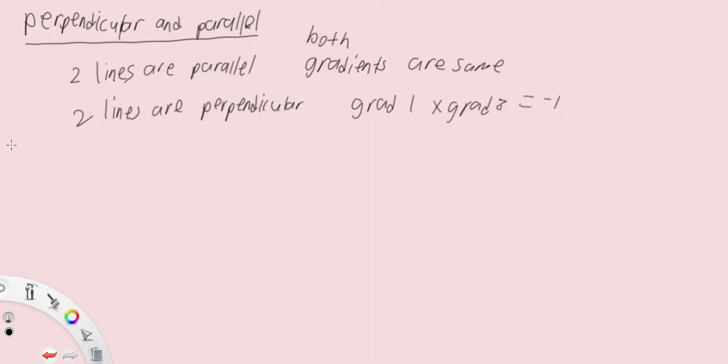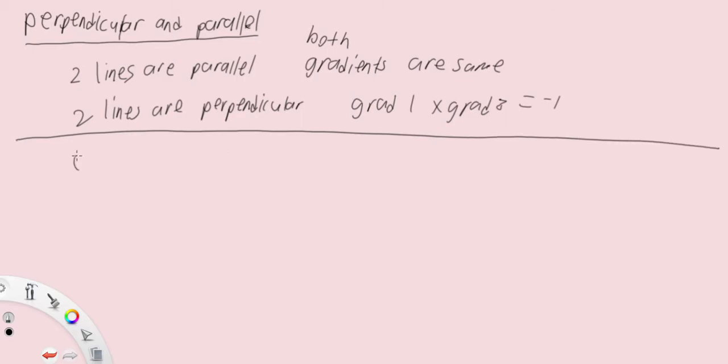And this is important because I can have questions where, let's say, you have the graph y equals to, keep this thing simple again, x squared. And I tell you, alright, the tangent at x equals to a is parallel to, let's say, y equals to 4x plus 1. And what do you do?